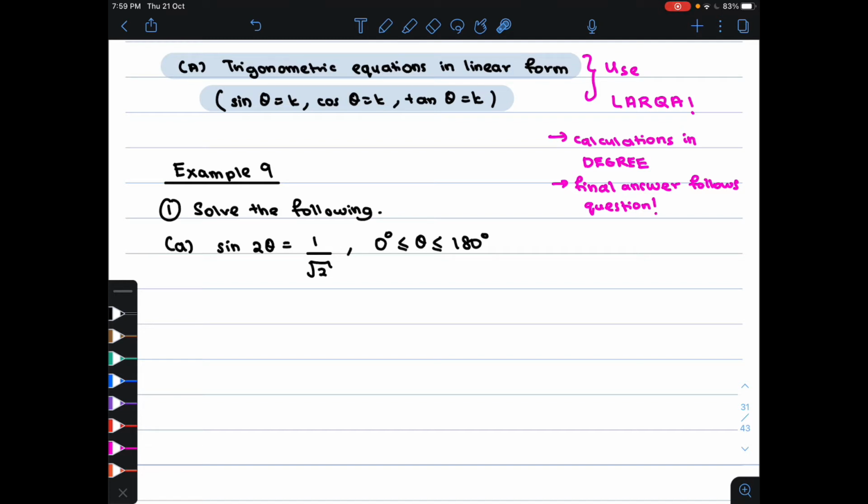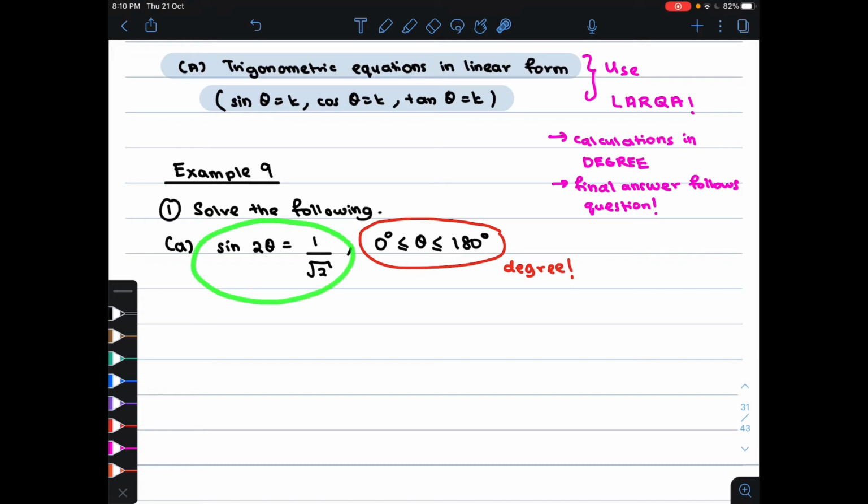So let's do example 9, question 1, where you need to solve the following. For question A, you have sin 2 theta equal to 1 over square root 2, and theta is between 0 degrees and 180 degrees. Since the range of theta is in degrees, your final answer should also be in degrees.